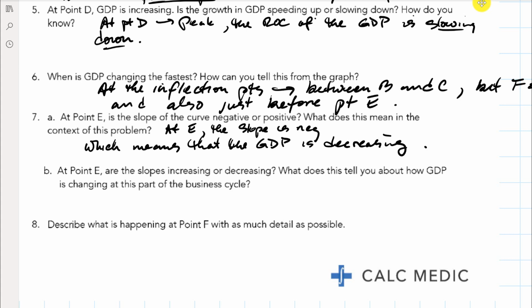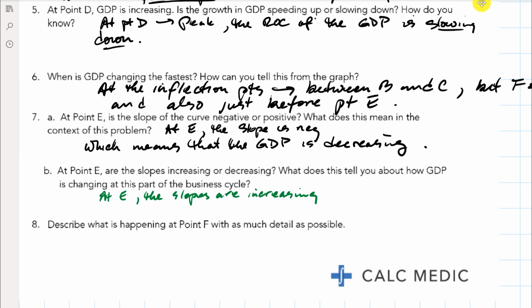So at point E, all the way towards the minimum there at the trough, the slopes are increasing because they're approaching zero, which is at the bottom, where the slope of the tangent line at the trough, where the relative min is, is zero. So the slopes are increasing. What does that mean? That means the rate of change of the GDP is increasing over that interval.